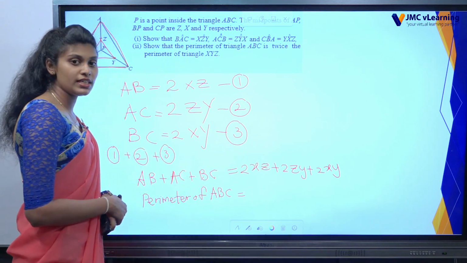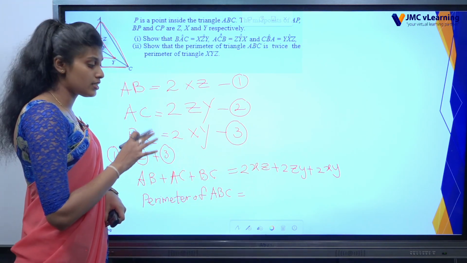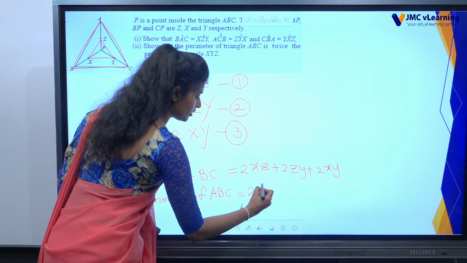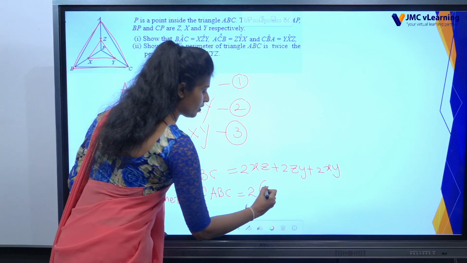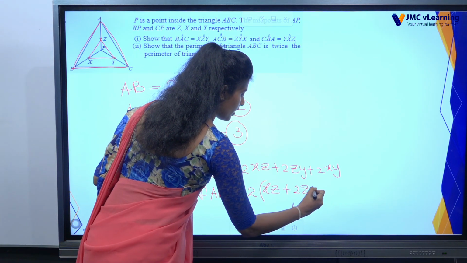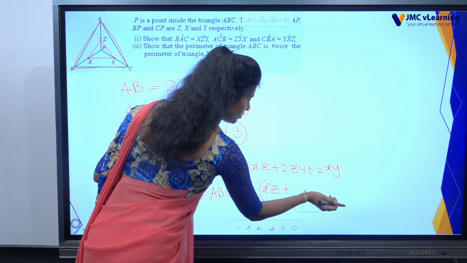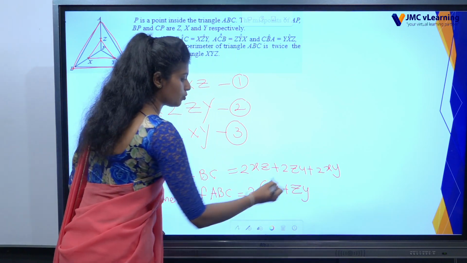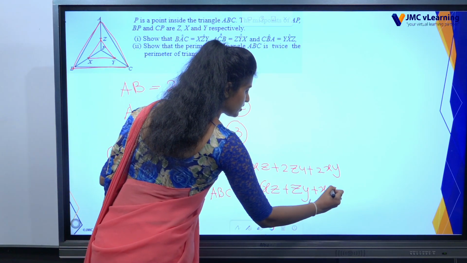Then here 2 is common to each term, so we can take out 2. When you take 2 out, left only XZ here, add ZY, and then XY.